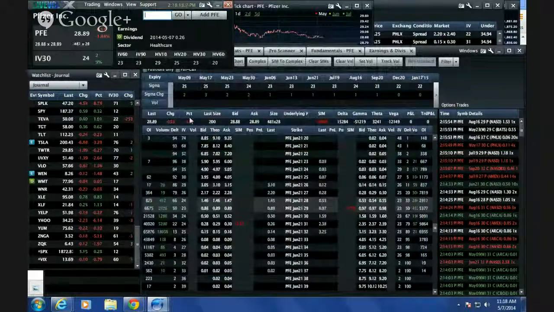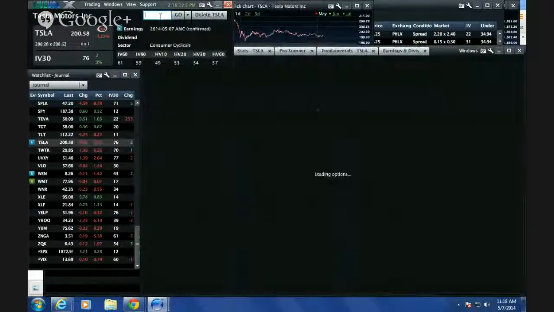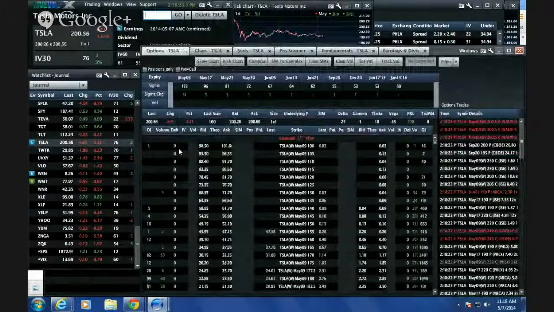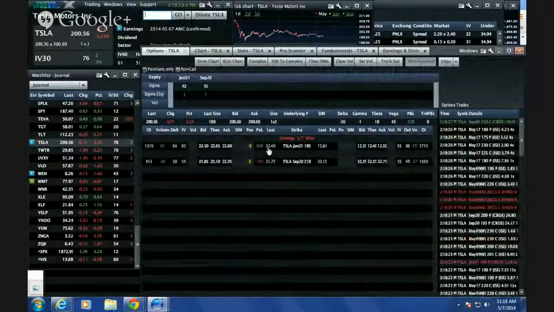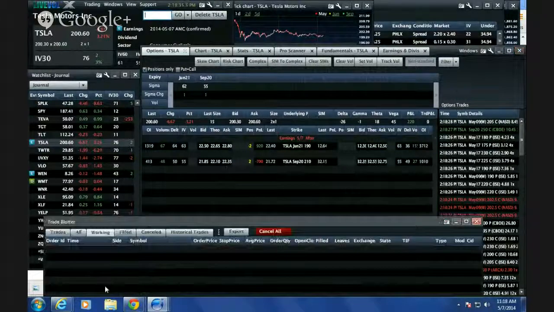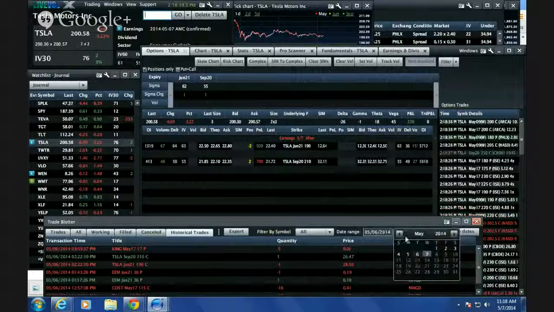As for my trading, I did a Tesla trade yesterday. As you guys know, I did this trade for even because I liked it. And then yesterday, it was like $2 credit. Let me actually go back.